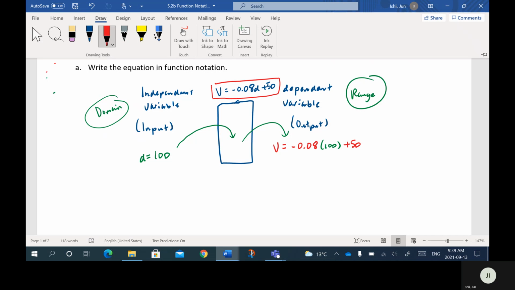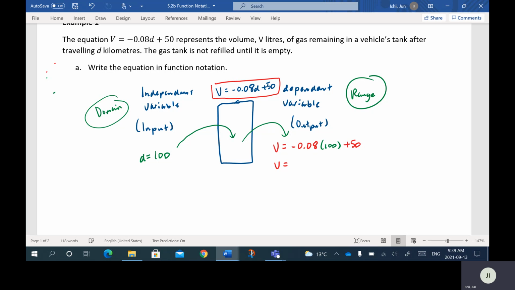So here I've got V equals, all right, so negative 0.08 times 100 is negative 8 plus 50. So V is going to equal 42.